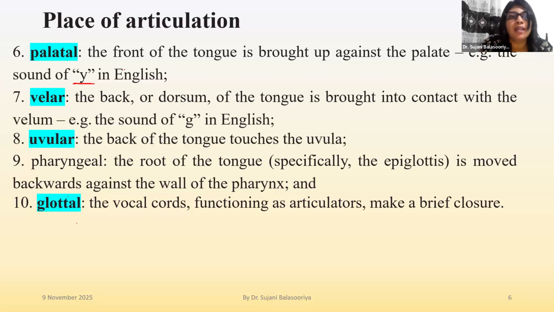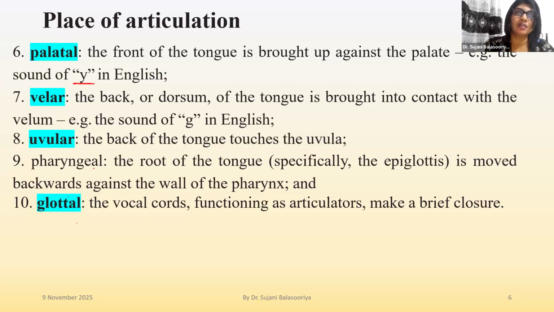Fine. Can you tell me the palatal consonants? You can add examples of palatal consonants to your note. What are the palatal consonants? That means the consonant sounds which we produce when the front of the tongue touches the hard palate. It doesn't have to be a complete touch, right?